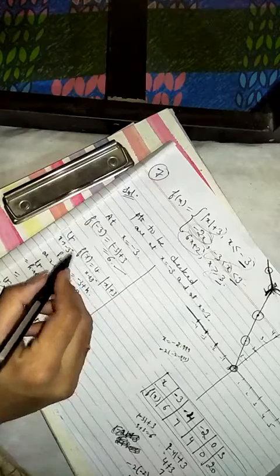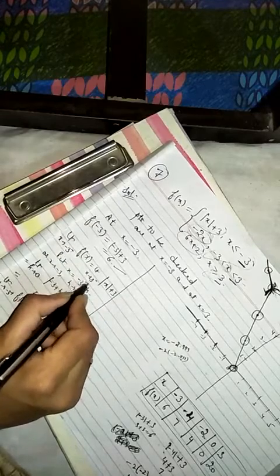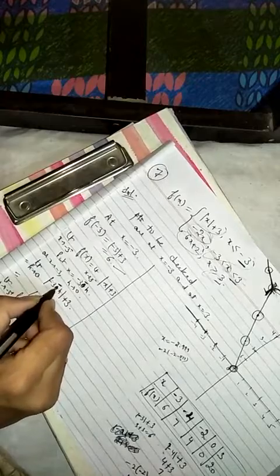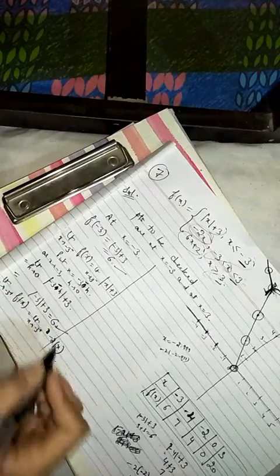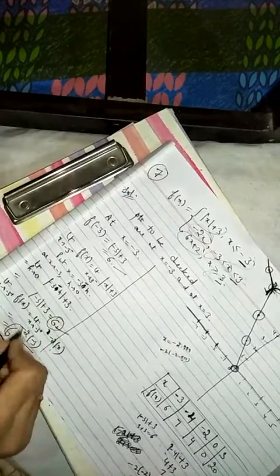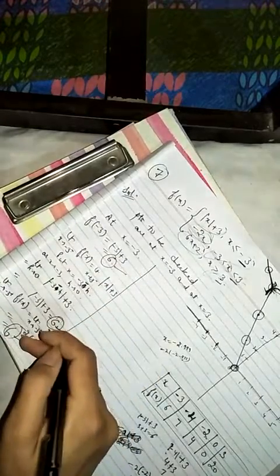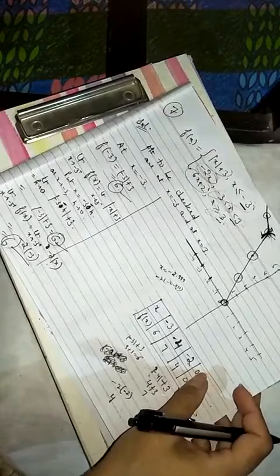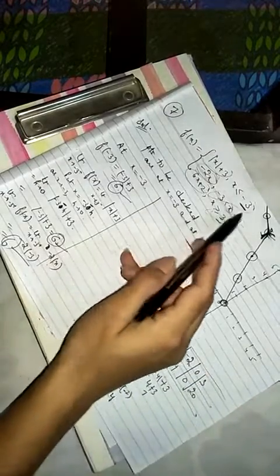Sorry, this is the left hand limit, so here it will be negative. Right? So it is minus 3 equal to 6. So all the values are 6, 6, 6. All the three values are 6. So the given function is continuous at x equal to -3.